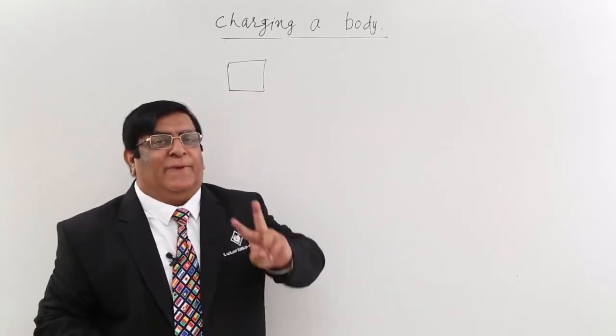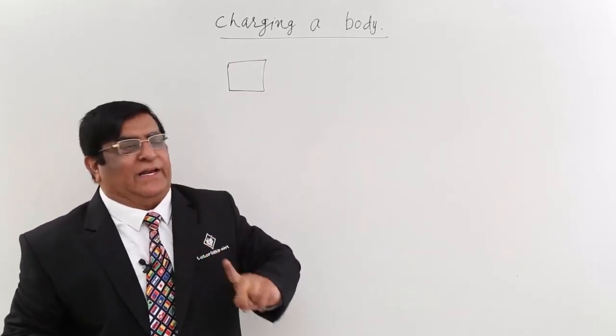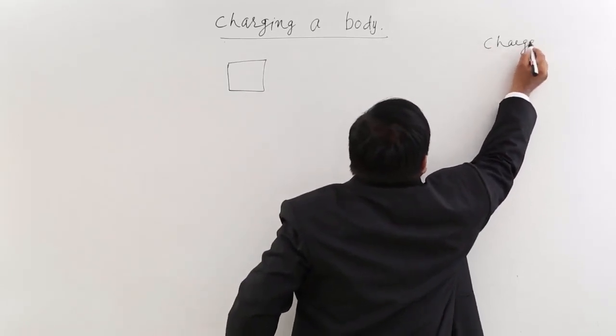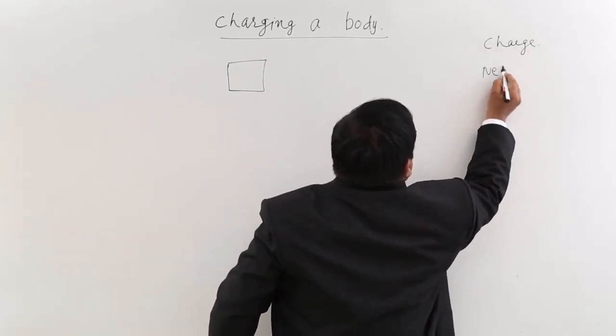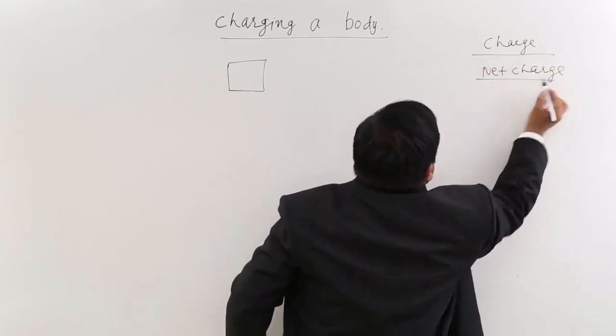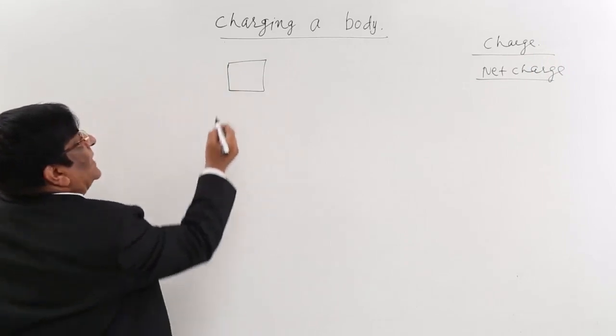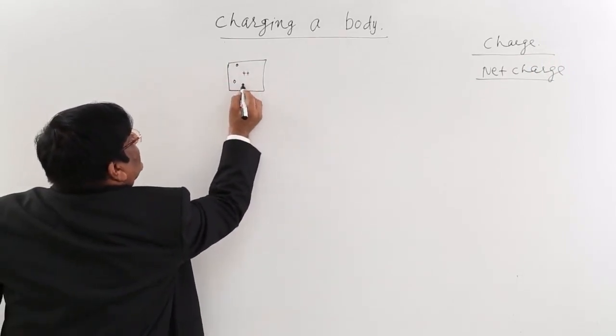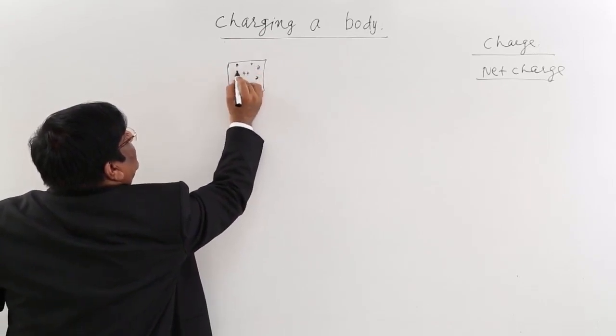And now we will make two terms very clear. One is having charge, only charge, and one is having net charge. And these two are different. It has got 1000 protons and 1000 electrons. So we cannot say it's not having charge.